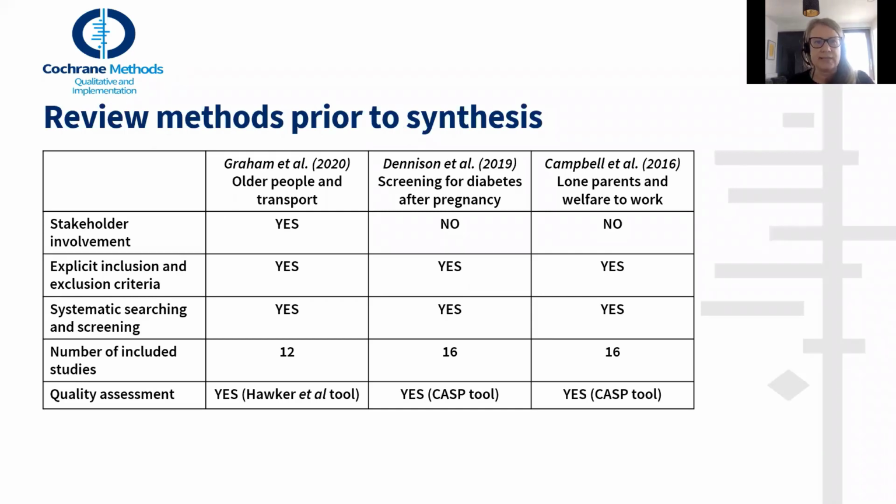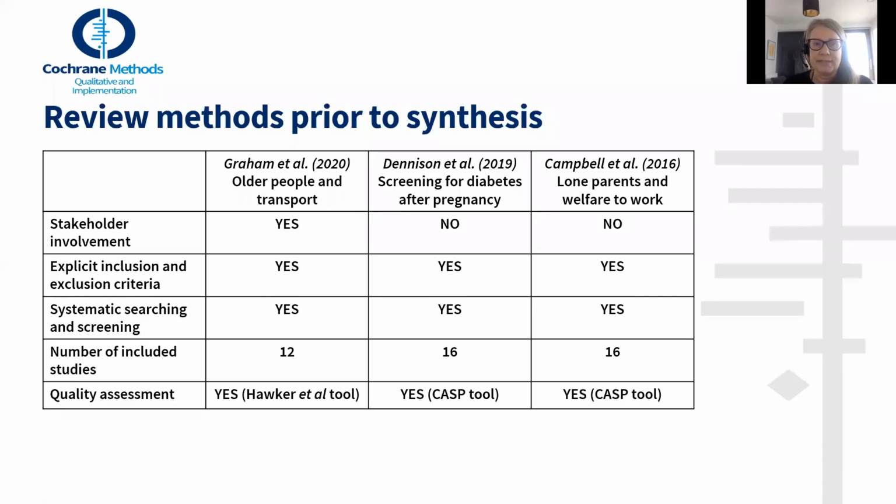So this slide is just highlighting the review methods used in each of the reviews prior to synthesis. As James highlighted, thematic synthesis, generally the stages before synthesis follow stages for any standard systematic review. So you'll see there all of the reviews, for example, had explicit inclusion and exclusion criteria, all took a systematic approach to searching and screening.